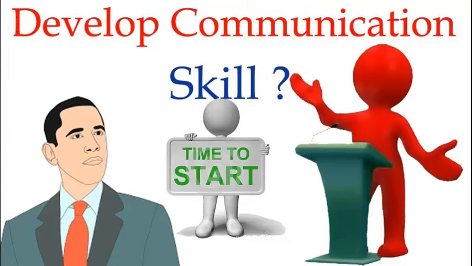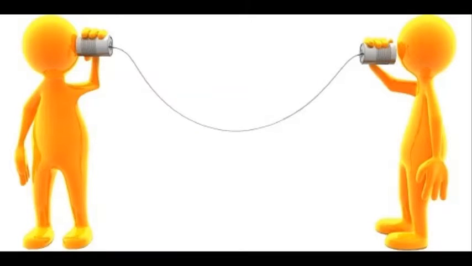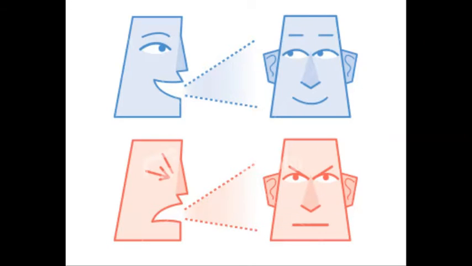Firstly, we must know what is communication. So, what is a communication? Communication is sending and receiving information between two or more people. The person sending the message is referred to as the sender, while the person receiving the information is called the receiver.